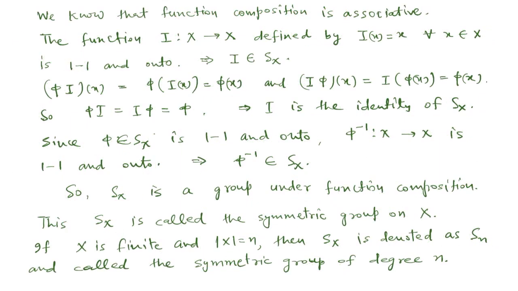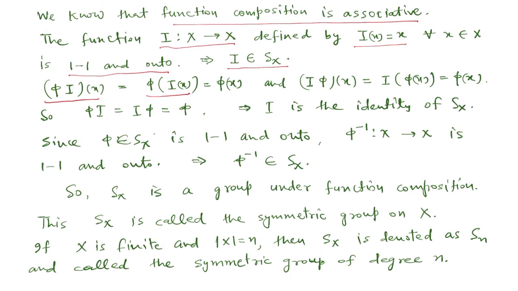We know that function composition is associative. The function I from X to X defined by I of x equal to x for all x is both 1-1 and onto. So I is a member of Sx. Now if we multiply I by phi this way, phi I of x becomes phi of I of x.